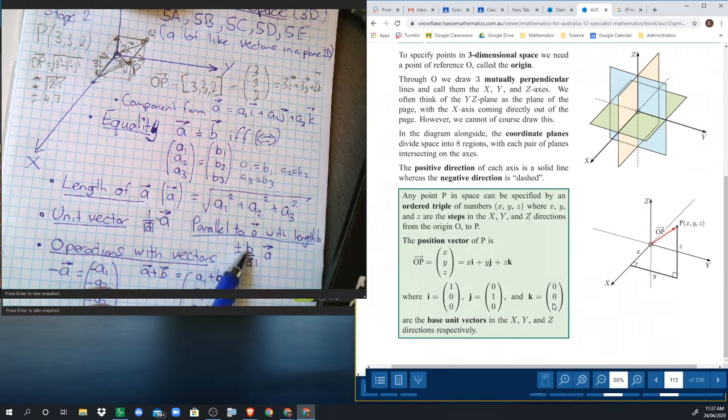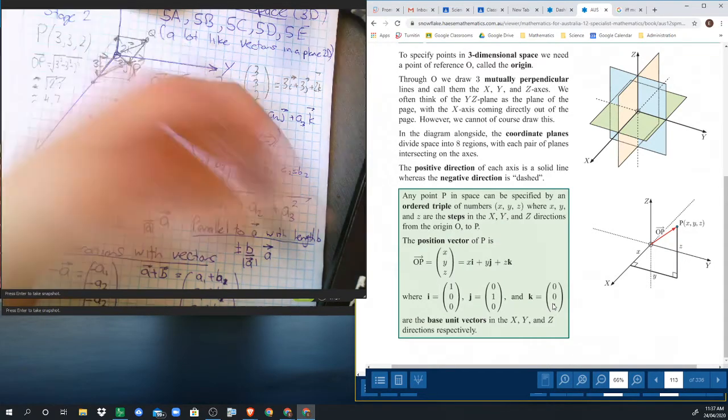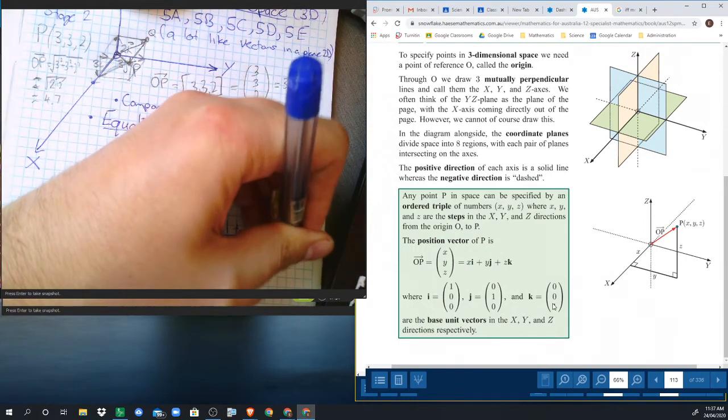Anti-parallel would be the negative, so it actually goes in the opposite direction. You'd have B divided by the length of A times A. So now it goes, if positive, in the same direction as A with length B, or opposite direction if negative, with a length of B. All right, I'm assuming B is greater than 0.